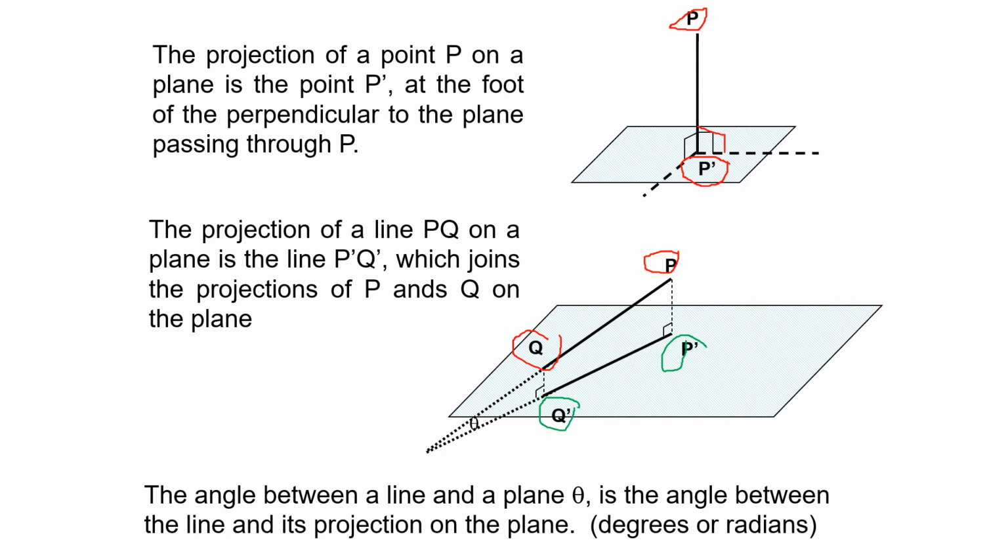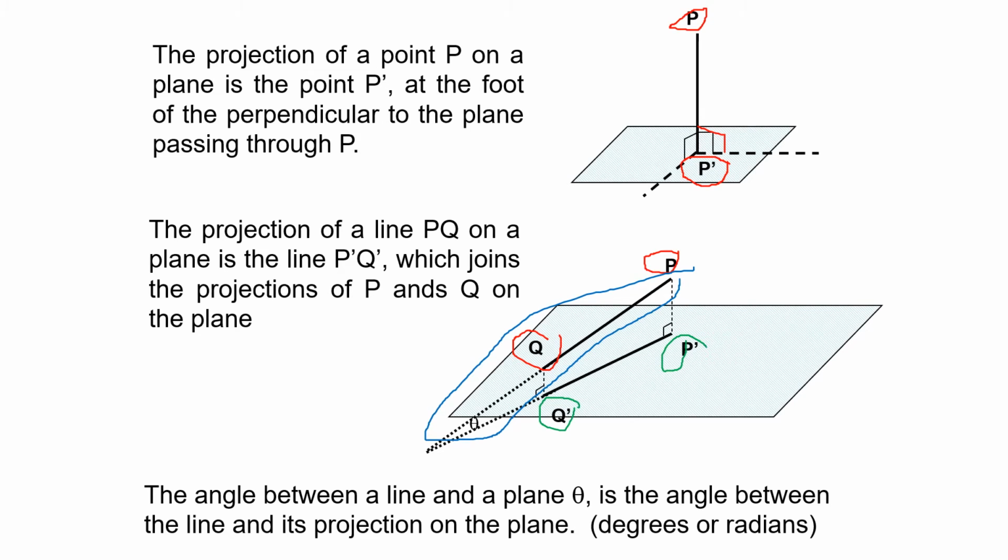Next, you may need to find an angle between a line and a plane in the coming learning outcomes. Basically, the angle between the line PQ, which is simply this line PQ, right, and the plane, which is the light blue plane at the bottom that looks like a paper here.